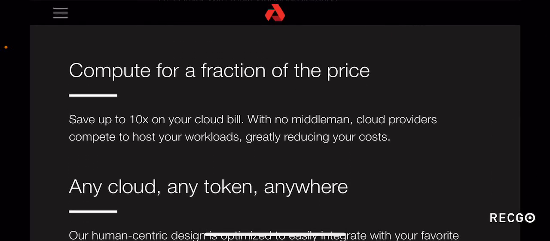Compute for a fraction of the price, save up to 10x on your cloud bill with no middleman. Cloud providers compete to host your workloads, greatly reducing your costs.